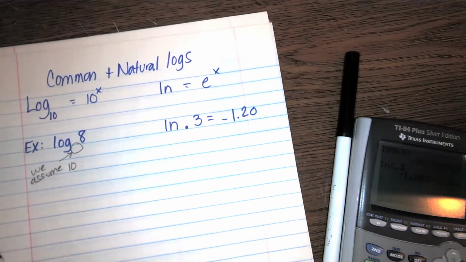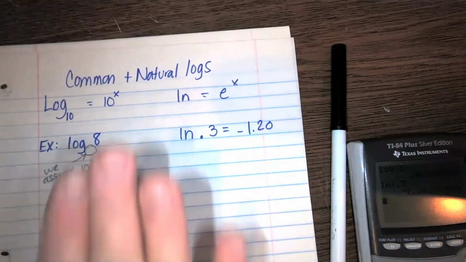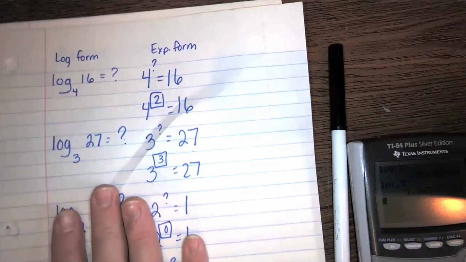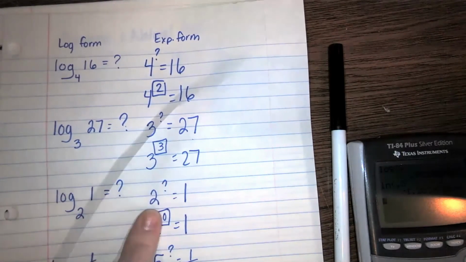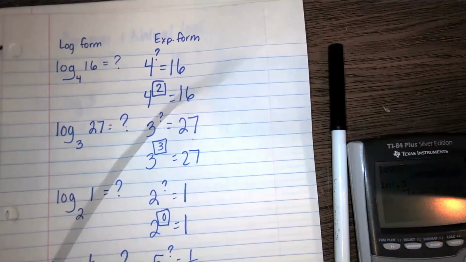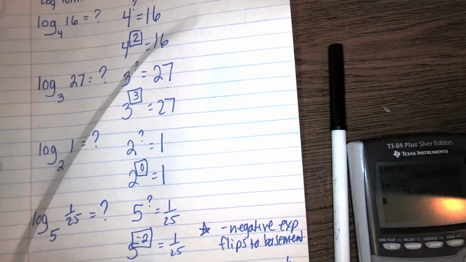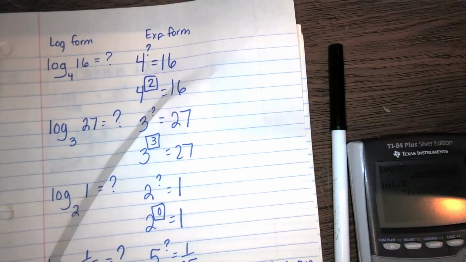To start recognizing those. I know that might sound like, wow, this is really easy. That's okay, because if we don't understand how to write those back and forth, we're really going to struggle with the rest of the section, okay? So being able to write back and forth. And you can use your calculators, I don't have a problem, but your power table will definitely help you with that, okay?